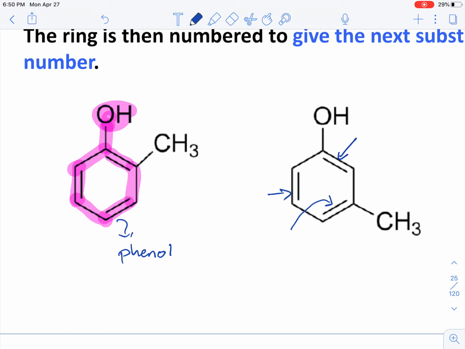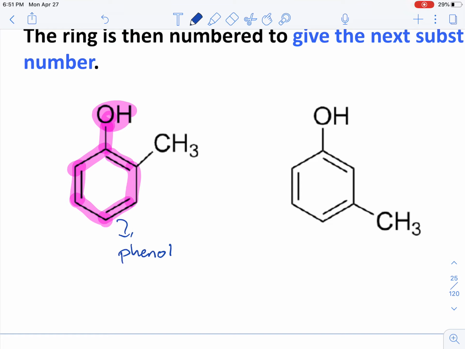Just keep in mind that when you have this repetitive conjugation, this alternating double and single bond, and there are 6 carbons that form a ring, then that's going to be your benzene ring. If it's outside of those conditions, then it's probably going to be named in a different way, and you cannot use phenol. So part of this is just pattern recognition.